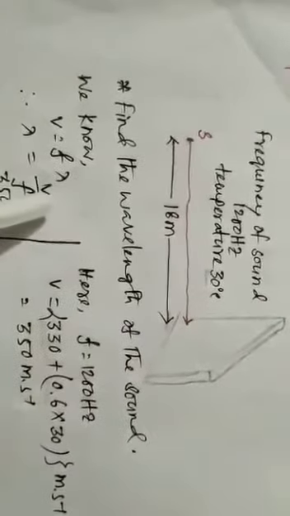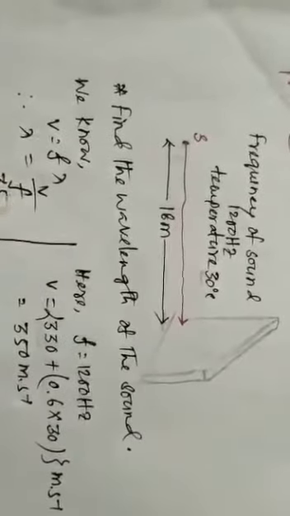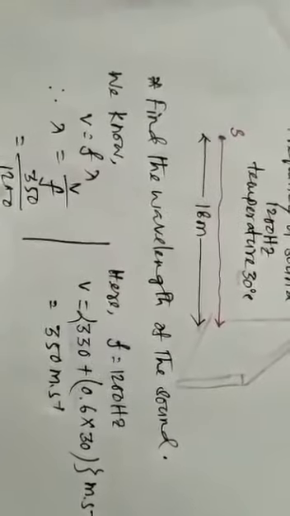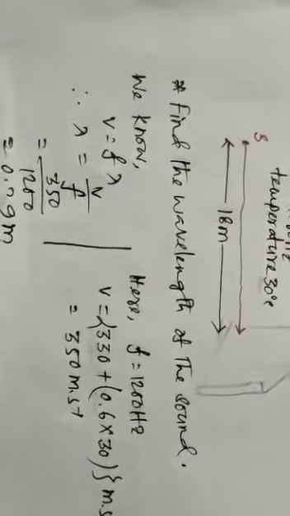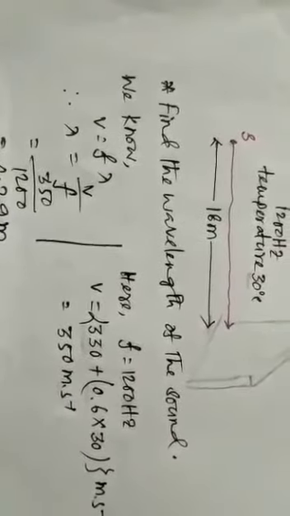You have to put the value of velocity here, and F is the frequency. The frequency is 1200, the given frequency, and this is the wavelength of the sound wave, 0.29 meter.